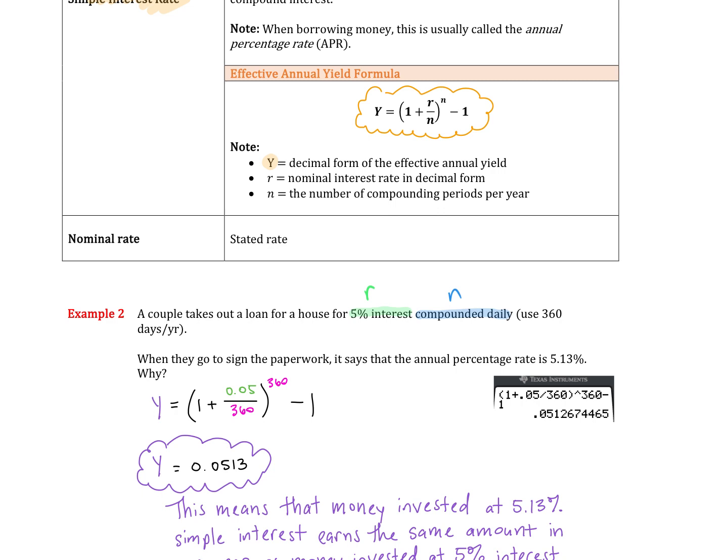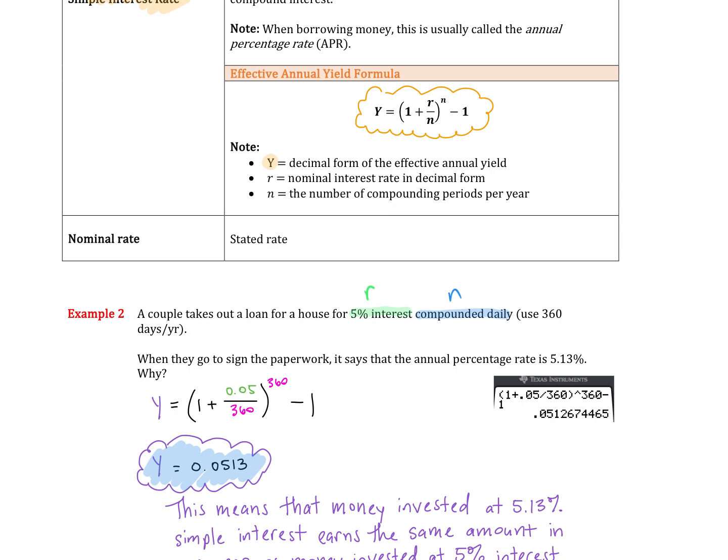Why is that? So if we're looking at the effective annual yield, we're using our effective annual yield formula, which is what we just saw up above, and what we end up getting is this value right here. So the effective annual yield. Go ahead and just compute that.